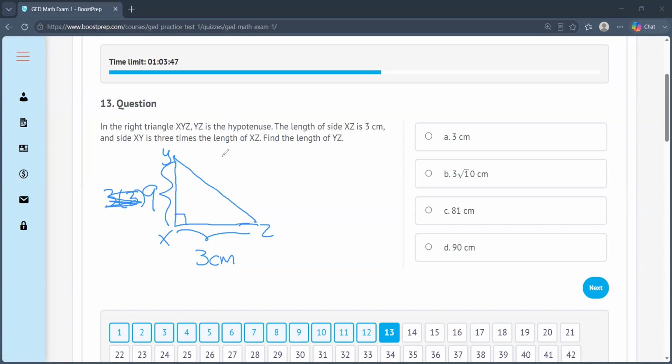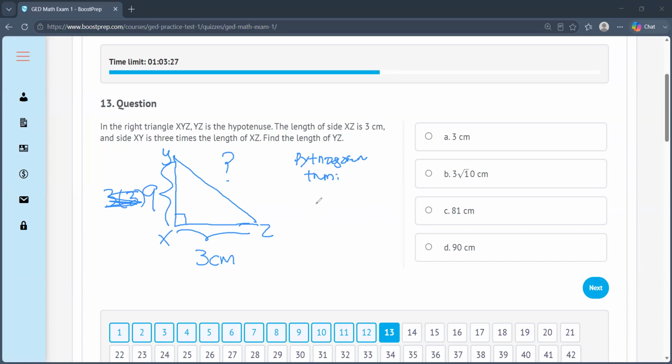What we have to do is find the hypotenuse. We have 2 legs and we have to find the hypotenuse, so we're going to use the Pythagorean theorem. This only works for a right triangle when you have 2 known side lengths.